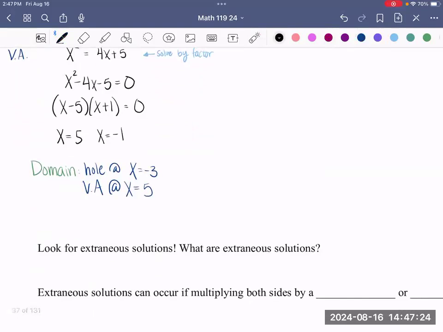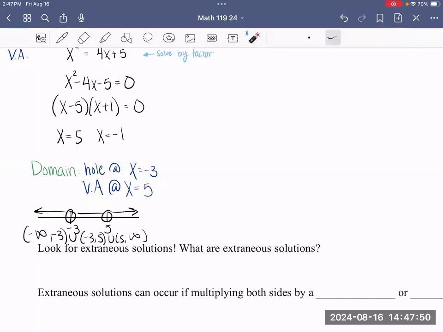So if we were to do it on a number line, to get a visual for it, we got -3 from the hole and 5 from your asymptote. Our domain should look like -infinity to -3, union -3 to 5, union 5 to infinity.